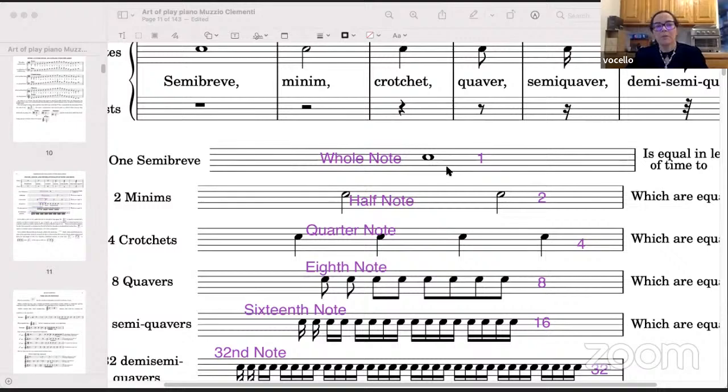You can add a combination of 32nd notes. Here, those are the 32nd notes, this is a 16th rest, 32nd rest, 16th rest, quarter rest.